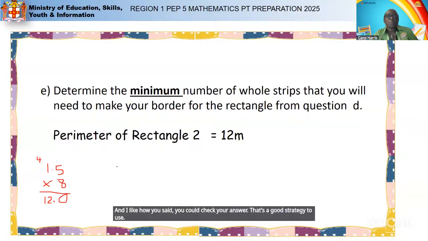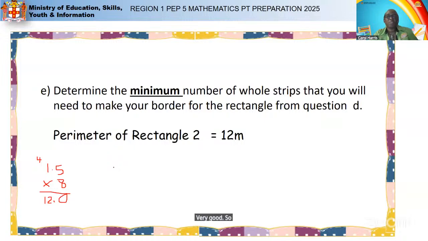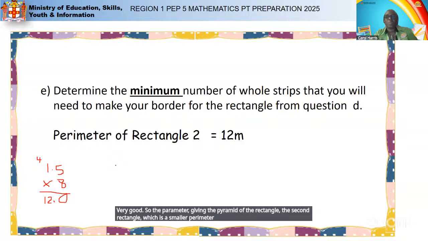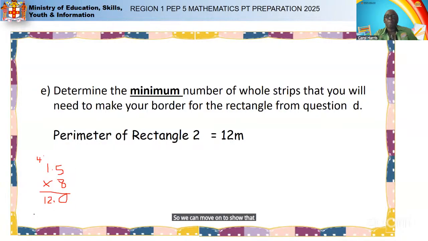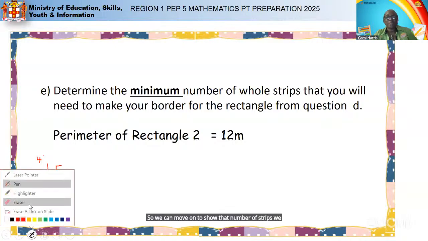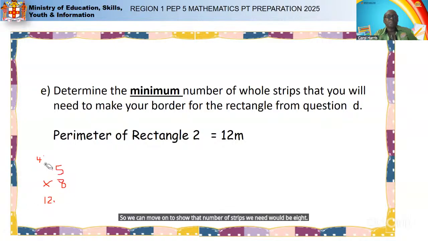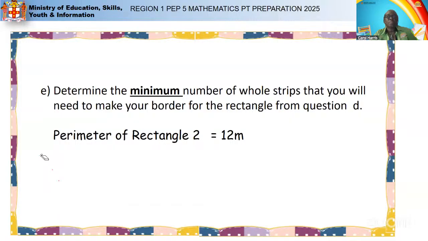Very good. So the second rectangle has a smaller perimeter, and a smaller perimeter would have fewer border strips, making my cost less. So we can move on to show that the number of strips we need would be 8. As you rightly said, I'm going to need 8 border strips.